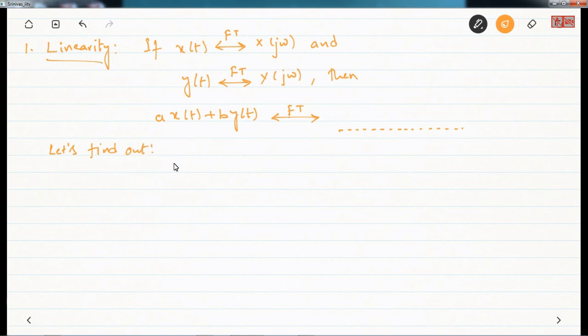So some of you might have already done this. Here I'll simply take a into x of t plus b into y of t.